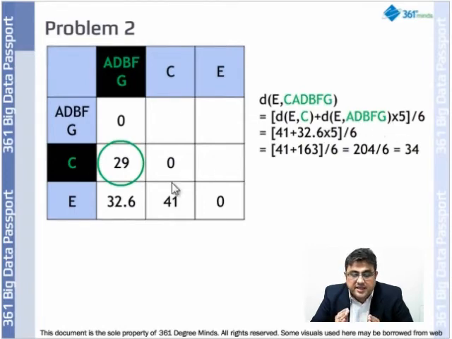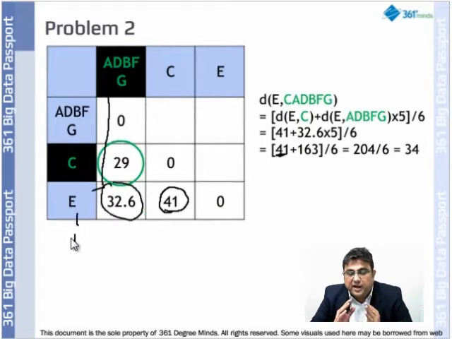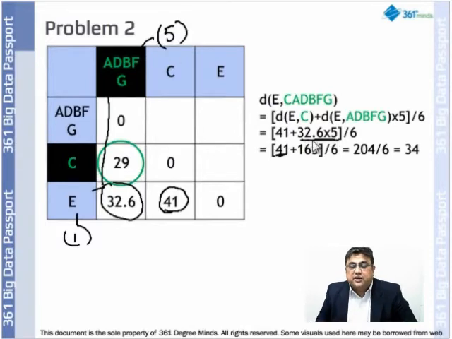The distance between E and C is 41. That's only 1, so you don't need to multiply it by any number. The distance between E and AD BFG is 32.6. We're looking at 5 elements here, so it's 32.6 into 5, so you get 34 as the average.